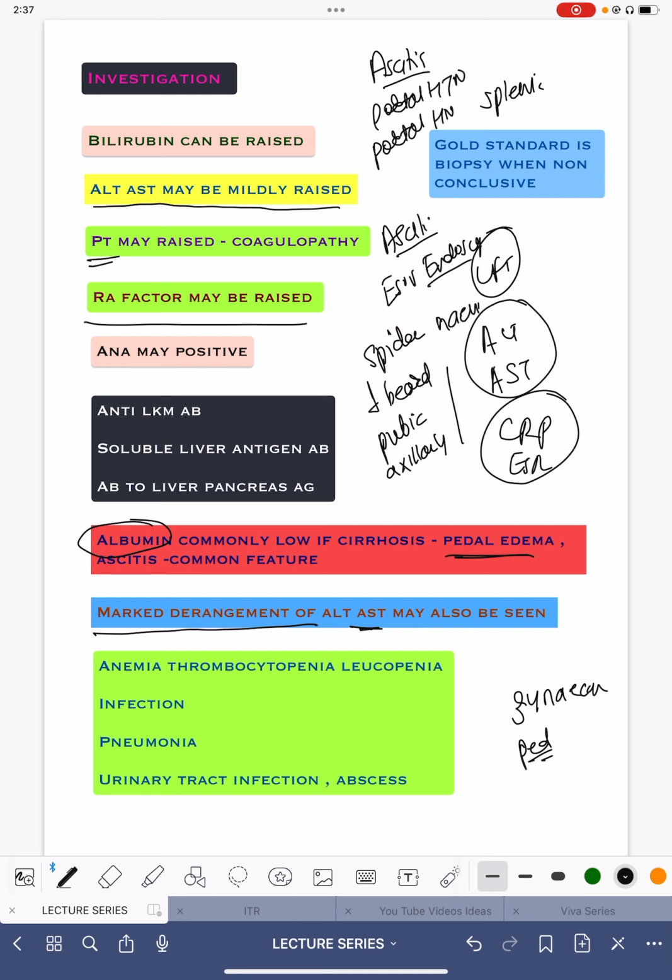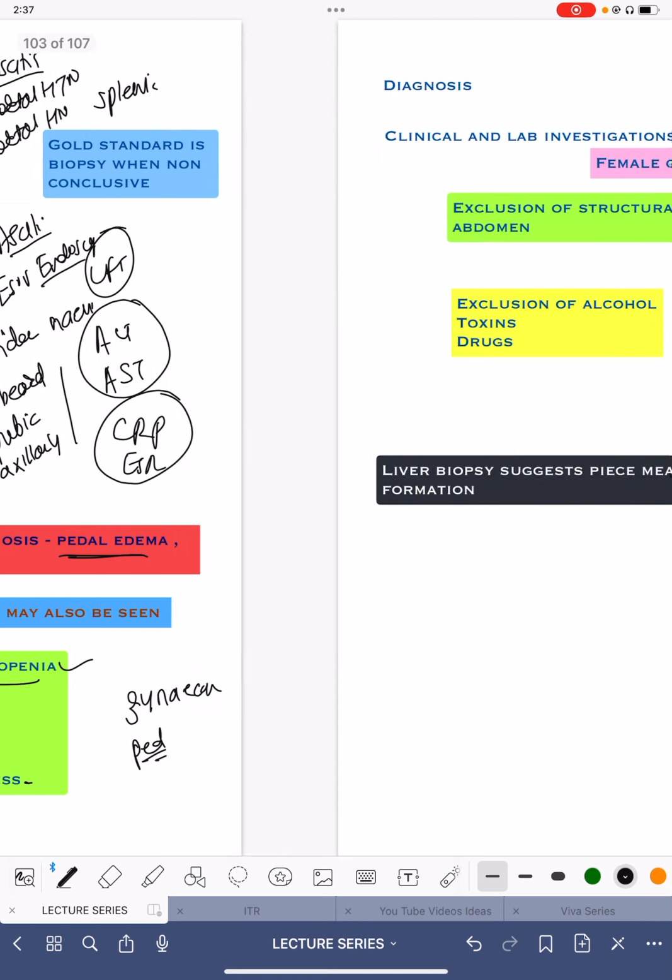As a part of cirrhosis, the patient may have anemia, thrombocytopenia, leukopenia, or this can also be present even in the absence of cirrhosis. Infections like urinary tract infection, pneumonia, brain abscess, meningitis, or abscess anywhere can be found, which need to be taken care of and treated.